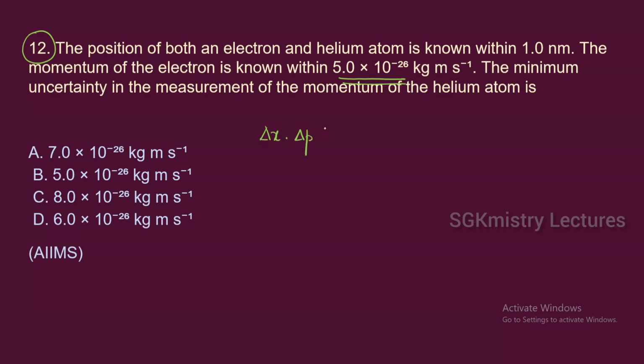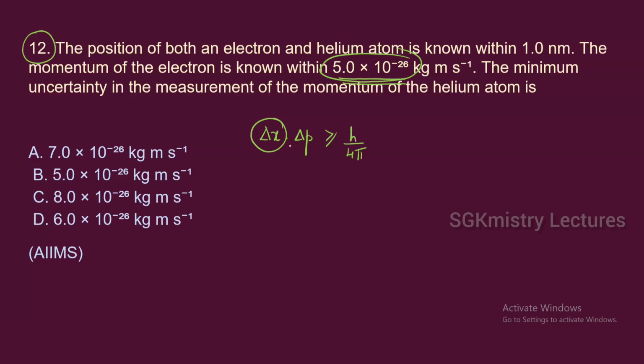So delta X into delta P should be equal or greater than h by 4 pi. Now we know that delta X is the same, right? So the position of an electron and helium atom is known within 1 nanometer. The momentum of the electron is known within this particular value. So minimum uncertainty is asked. So delta X is the same.